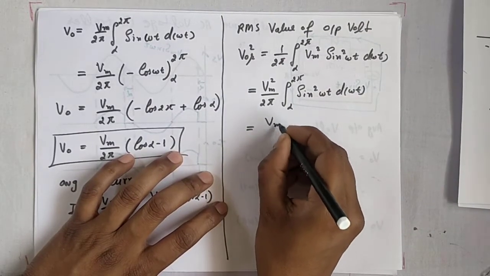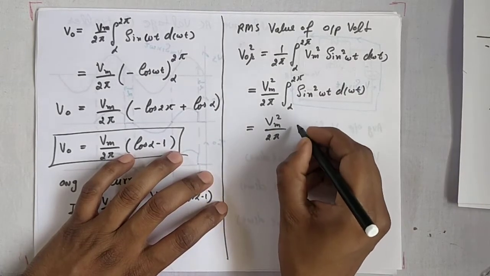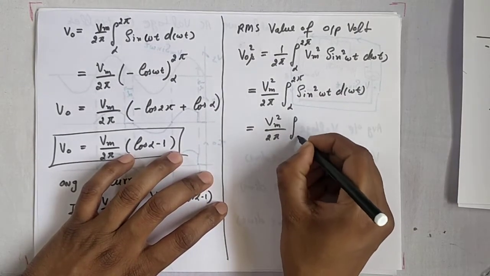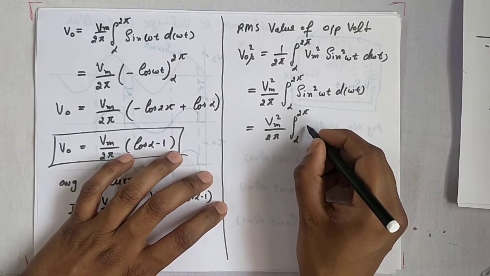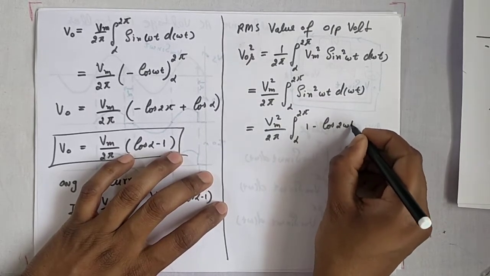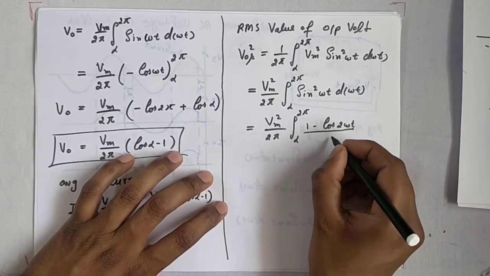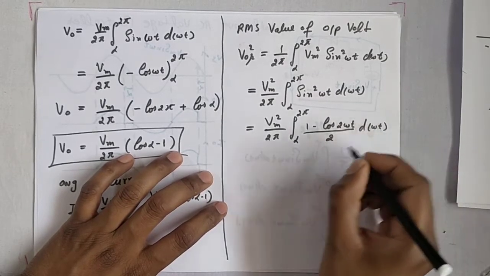Again write Vm square by 2 pi, integral from alpha to 2 pi, where sin square omega t equals (1 minus cos 2 omega t) divided by 2, d omega t.